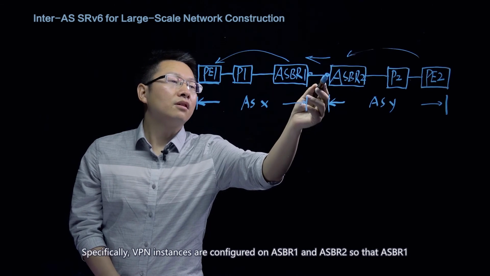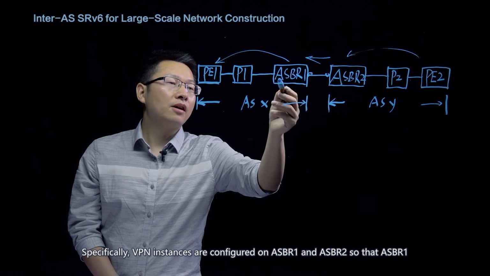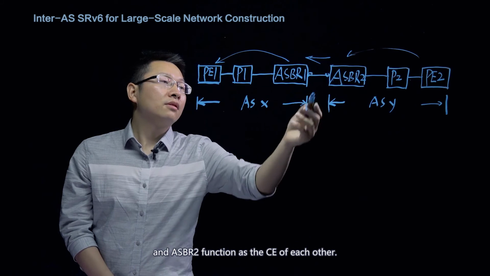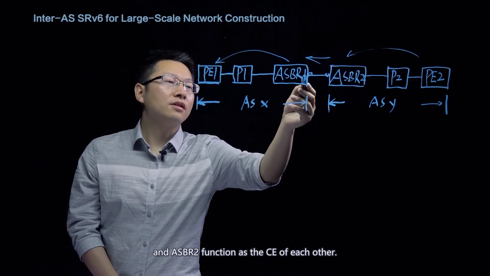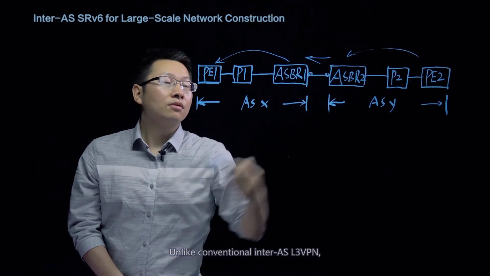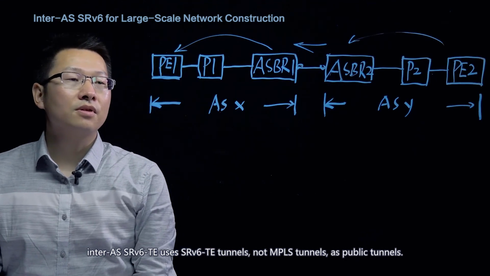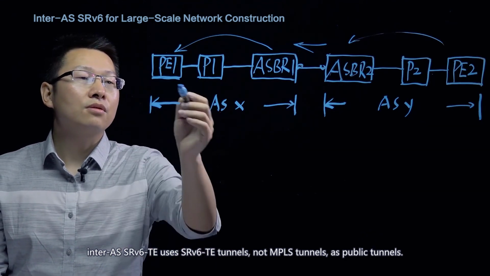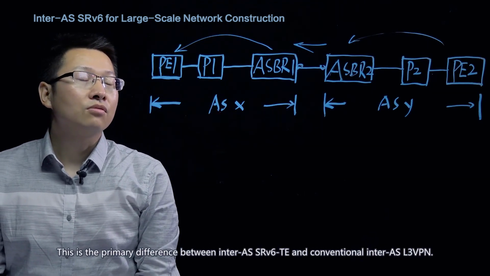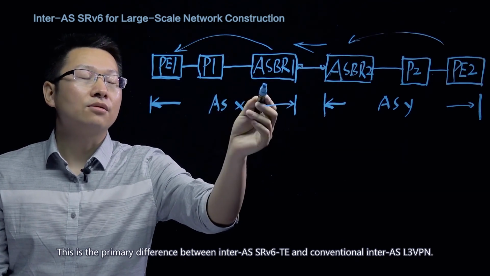Specifically, VPN instances are configured on ASBR1 and ASBR2 so that ASBR1 and ASBR2 function as the CE of each other. Unlike conventional InterAS L3 VPN, InterAS SRv6 uses SRv6 tunnels, not MPLS tunnels, as public tunnels. This is the primary difference between InterAS SRv6 and conventional InterAS L3 VPN.